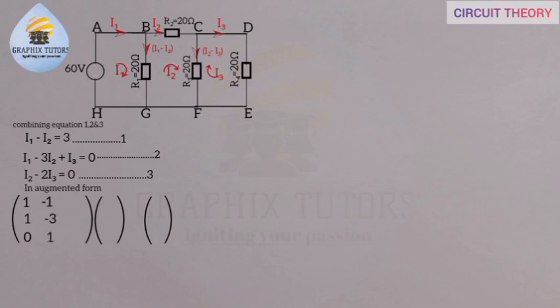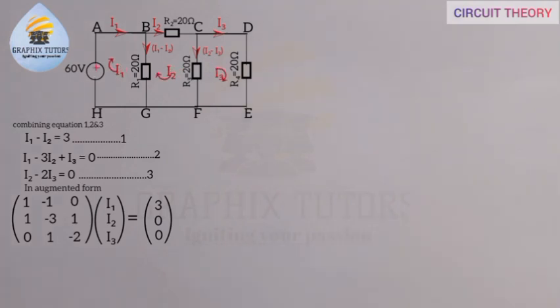For the third, the coefficient of I3 in equation 1 is 0 because there's no I3 there, in equation 2 is 1, and in equation 3 is minus 2. Then I1, I2, and I3 equal the constants, which are 3, 0, 0.